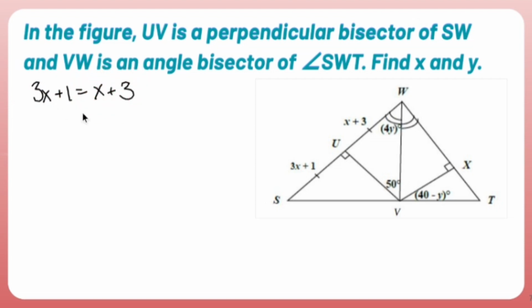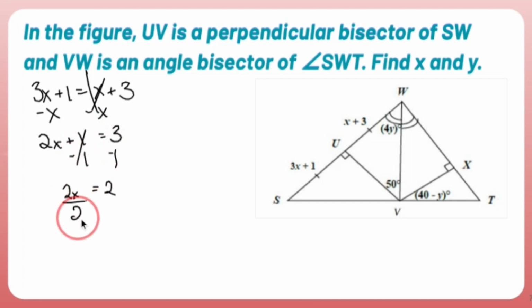I have an equation with variables on both sides of the equal sign, so let's subtract x. That gets me 2x plus 1 equals 3. Subtract 1 from both sides. 2x equals 2. Divide by 2. x equals 1.